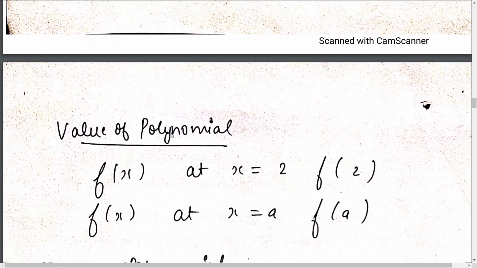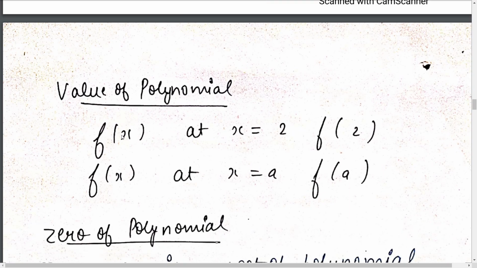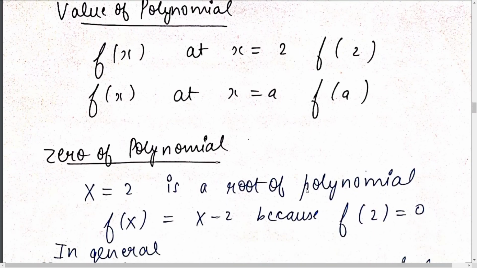Value of a polynomial. The value of f(x) at x equal to 2, how do we represent it? f of 2. Similarly, at any general point x equal to a, the value of f(x) is defined as f of a. Now comes the zero of a polynomial. x equal to 2 is a root of the polynomial f(x) equal to x minus 2, because f of 2 is 2 minus 2, which is 0.